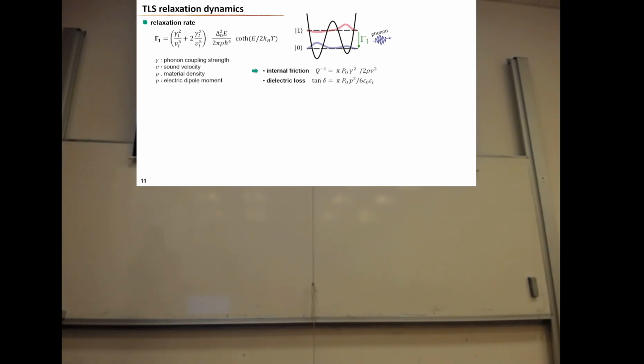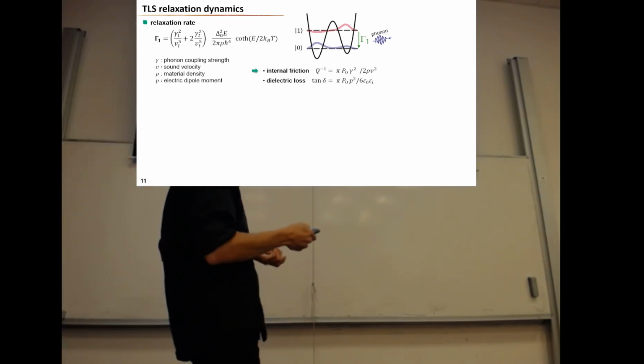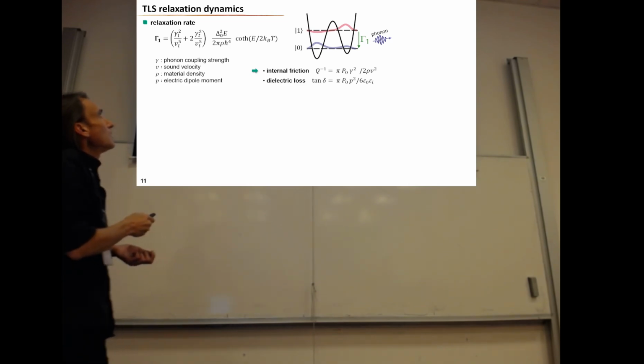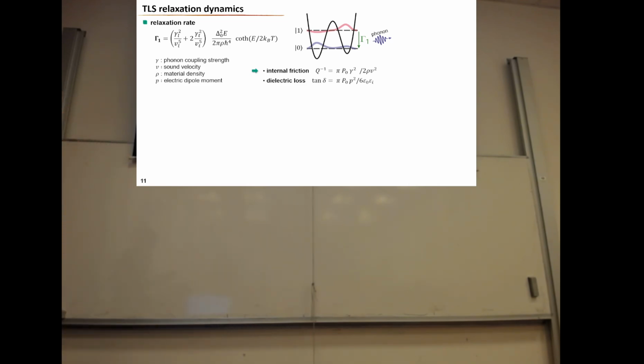So we have a two-state quantum system. This means it can be excited, but it can also decay back to the ground state. And it turns out that since this coupling to the phonons of the TLS is so strong, the relaxation rate of a TLS is mostly or completely given by the strain coupling. So this is a relaxation rate from the excited state back to the ground state.